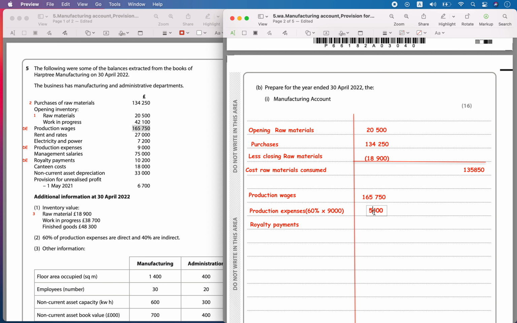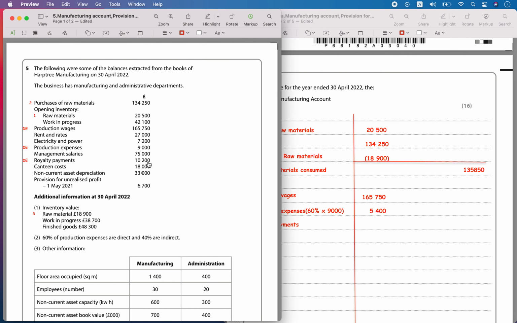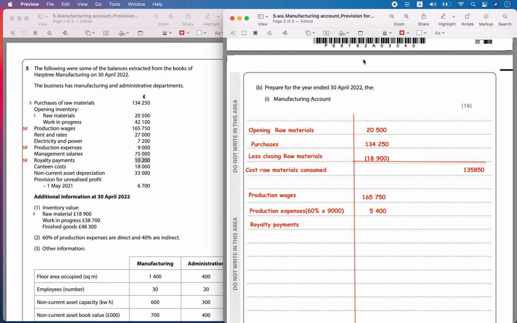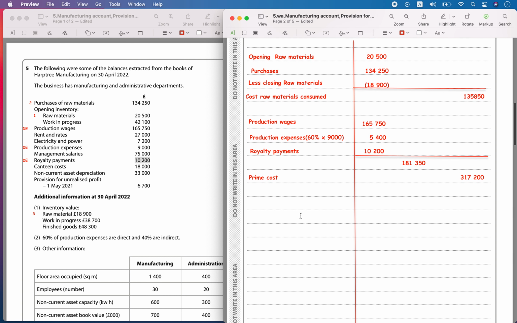Then you have royalty payments, that is around 10,200. My prime cost is going to be equal to 317,200. So when I add up this total, it comes up to 317,200. Now we got the prime cost. Now let's calculate the indirect.